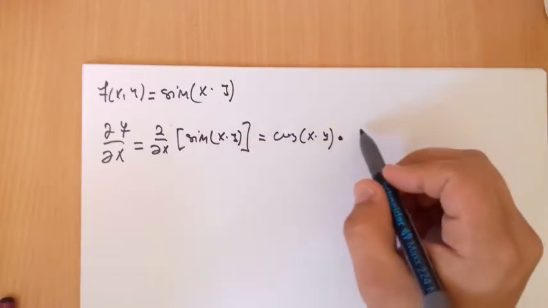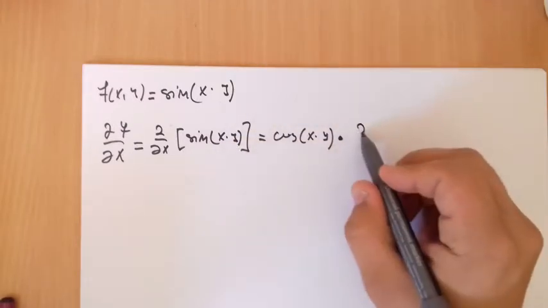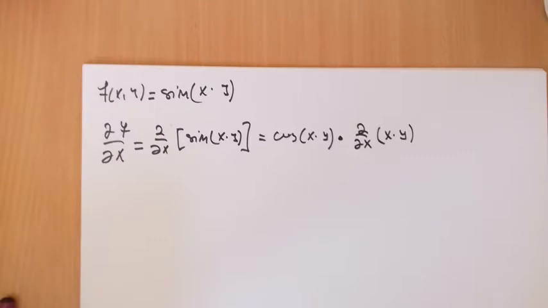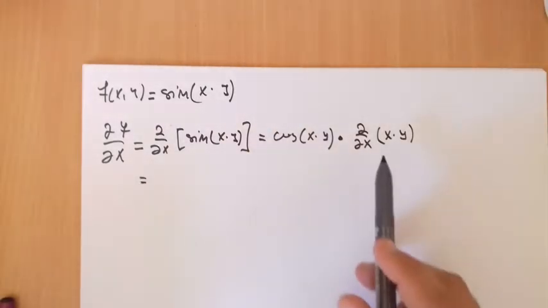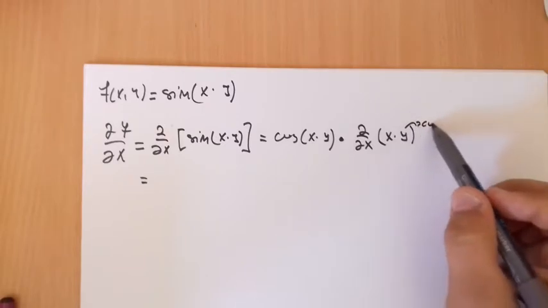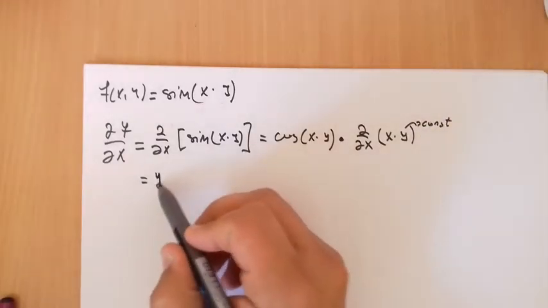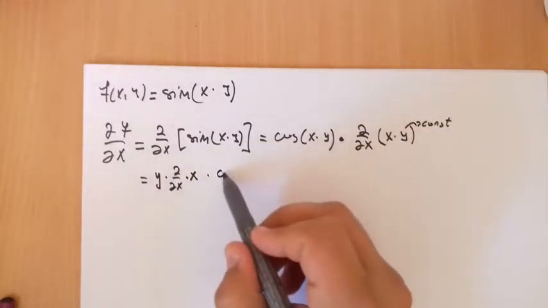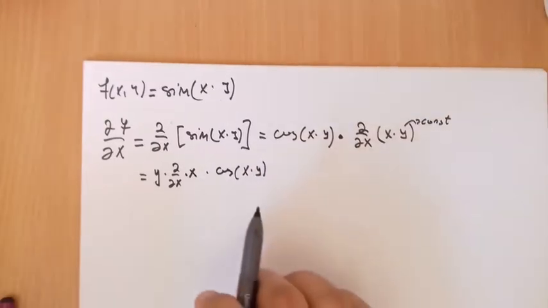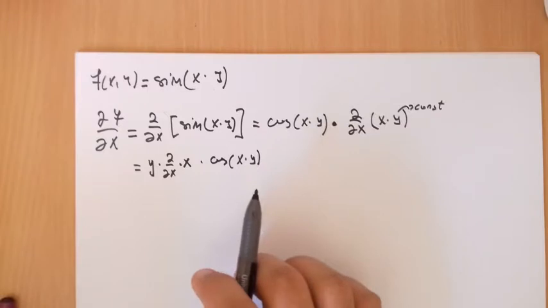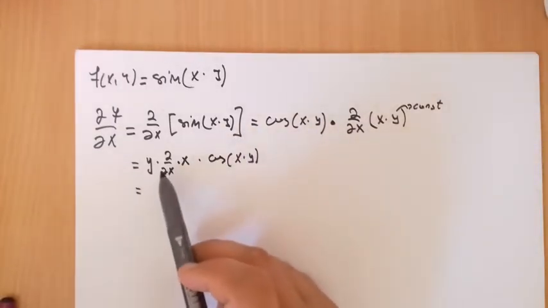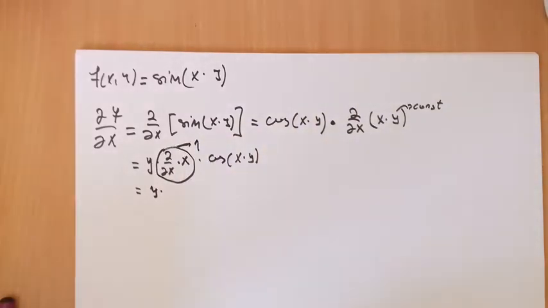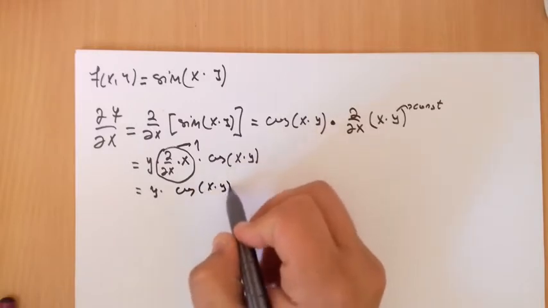So the argument is x times y. We have to do the partial of x times y, which is, here y is the constant, so y times partial of x times cosine of x times y, which is y times 1 times cosine of x times y.